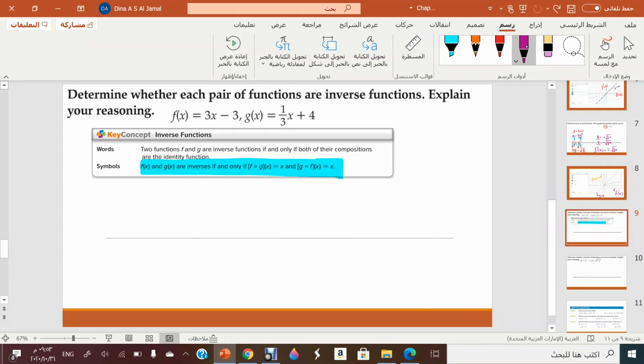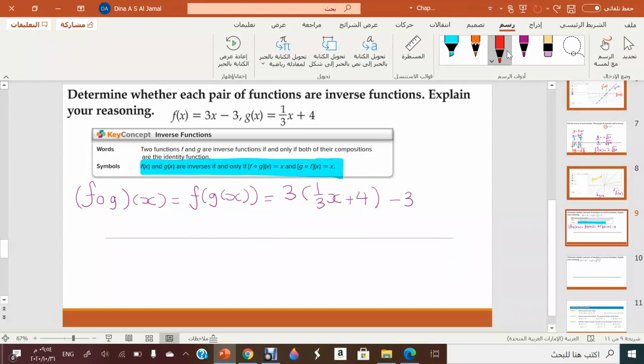Now I will be doing it fast. So f of g of x, if g of x, that means 3 times 1 over 3 x plus 4, minus 3.